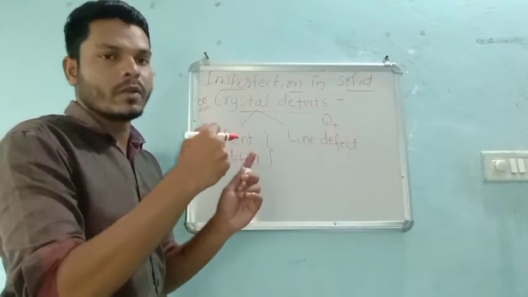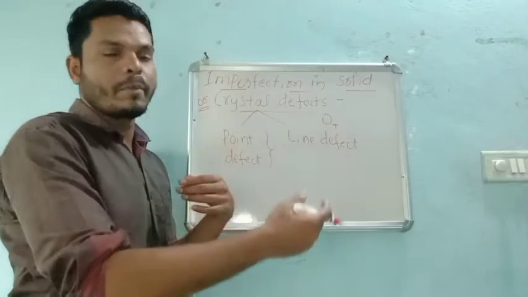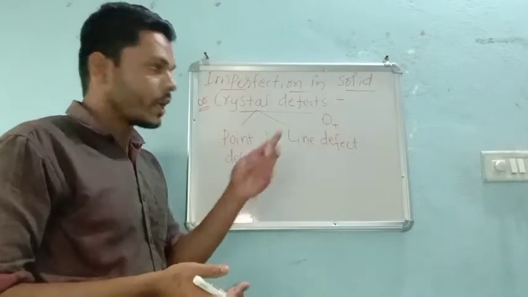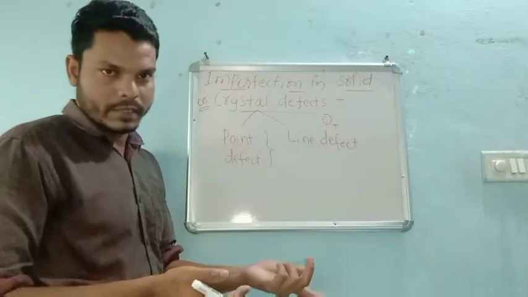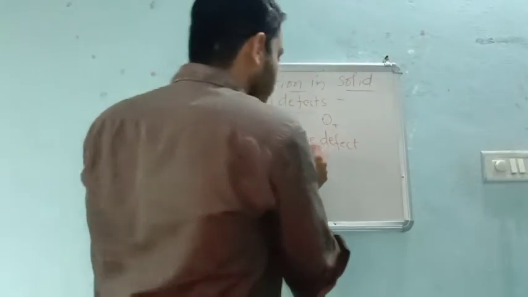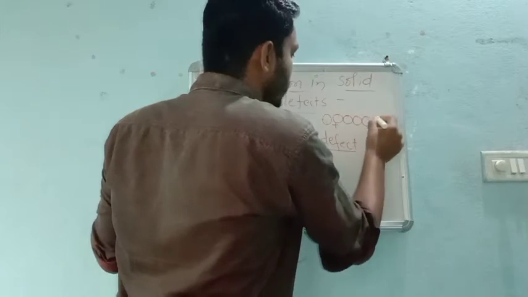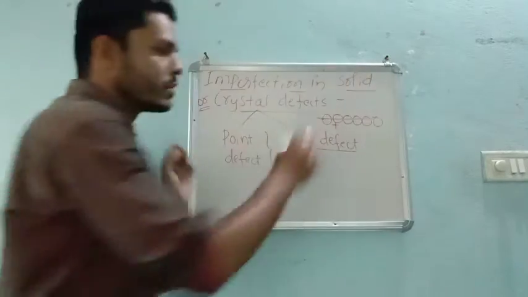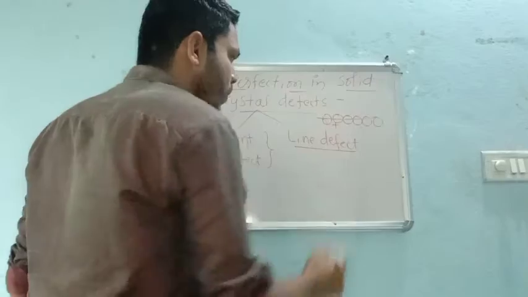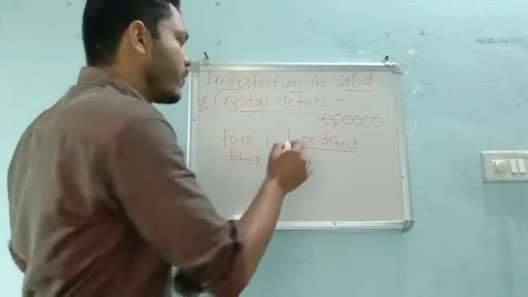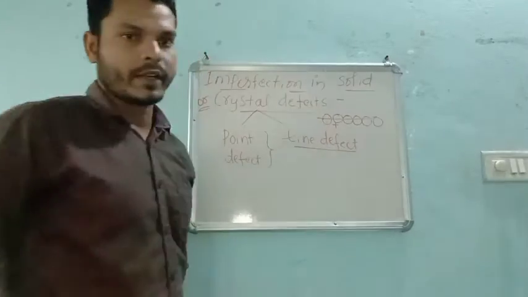At a single particular point, the particle may depart or deviate from its original site to some other place, right? And the line defect is nothing but if the complete row is disturbed, or one complete vertical line is disturbed, then such defects are called line defects, right?